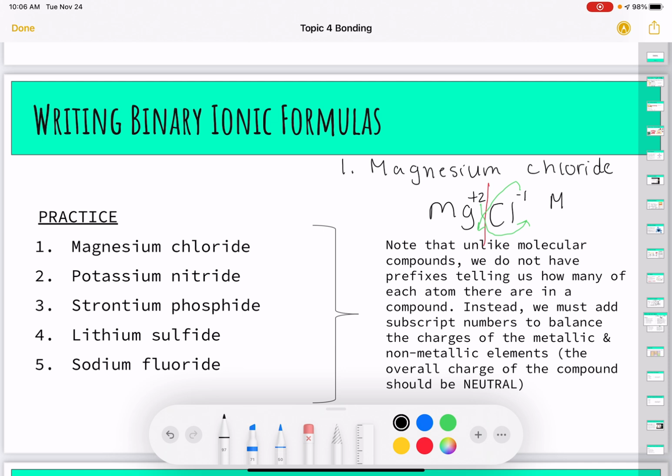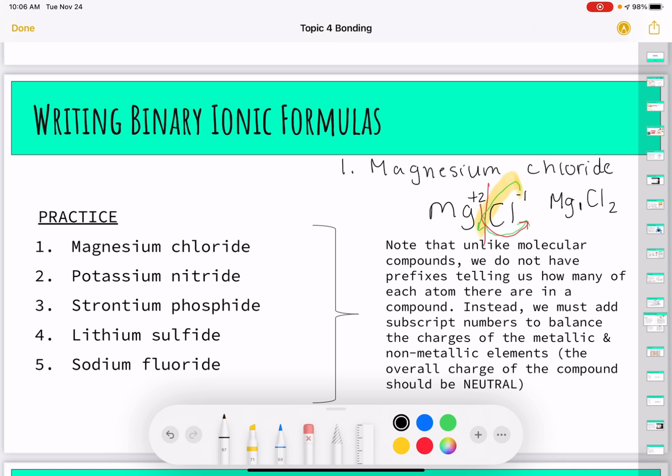So it becomes Mg1Cl2, because see how I took the 2 and I put it all the way down here. Okay? So the balanced magnesium chloride is Mg1Cl2.